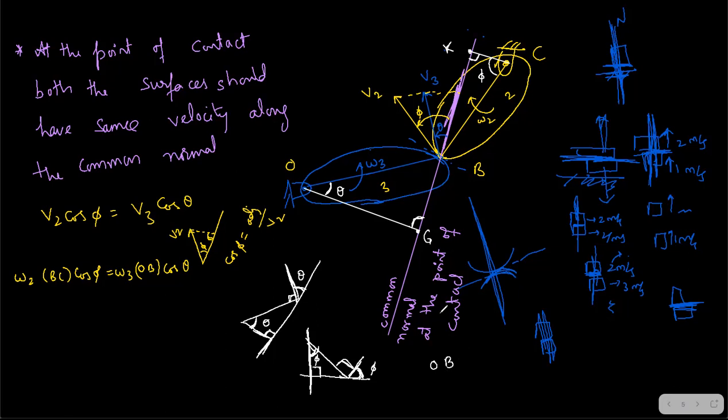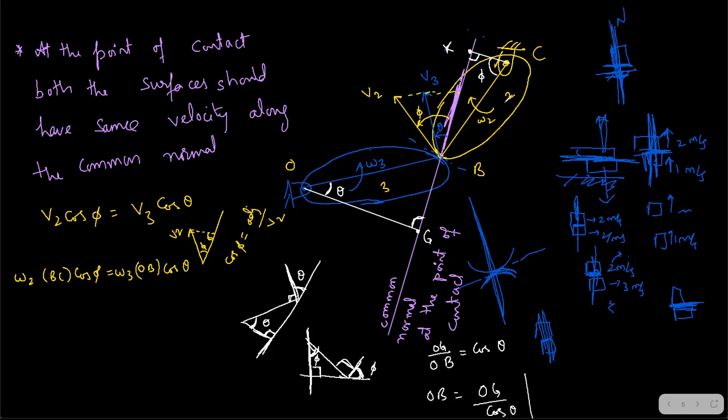OB is the hypotenuse of the triangle, right? So OG is the adjacent side. Adjacent by hypotenuse is cos theta, right? So I can write cos theta is equal to OG by OB. So OB is equal to OG by cos theta.